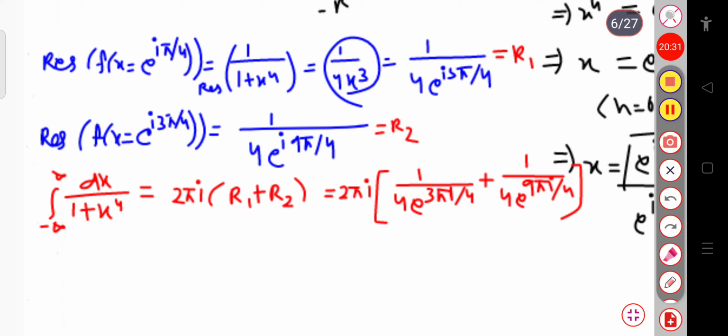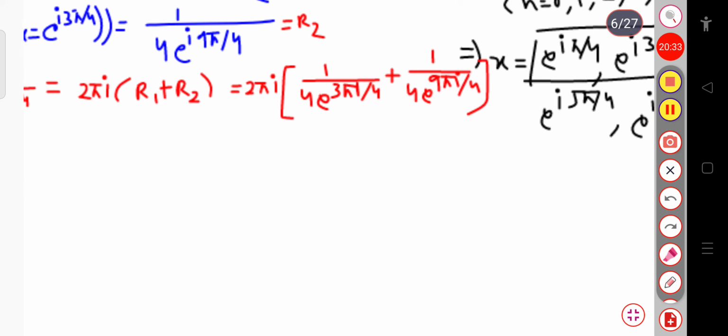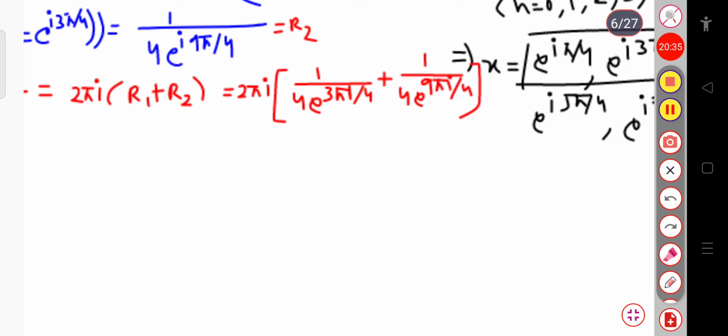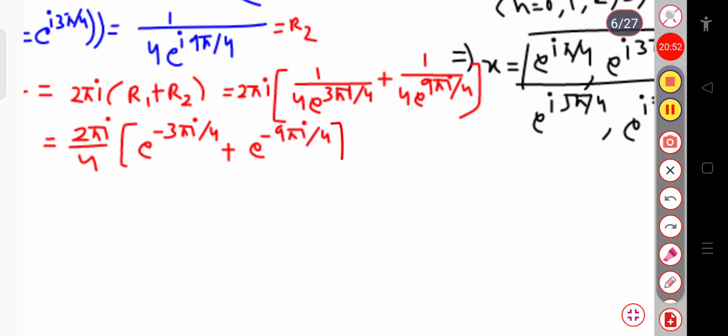Let me take common 1 by 4, this can be written as 2 pi i divided by 4 into exponential minus 3 pi i by 4 plus exponential minus 9 pi i by 4, because 1 by 4 is already taken common.